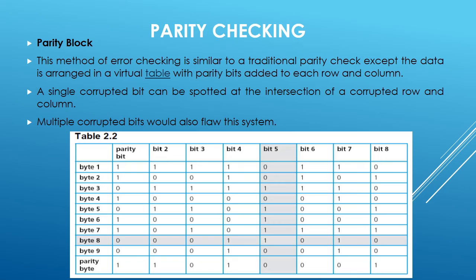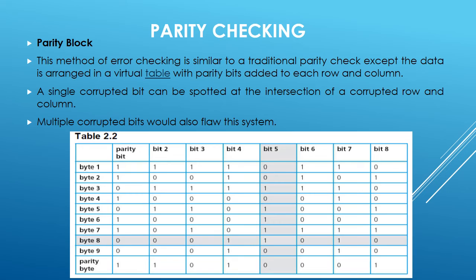So this is the wrong parity. In byte 9, there are 2 ones, which is even. So we do not need to add any 1. So the parity bit will be set as 0, which is correct. In the last byte, there are a total of 3 ones. So to make it even, a parity bit of 1 is set, which is correct.